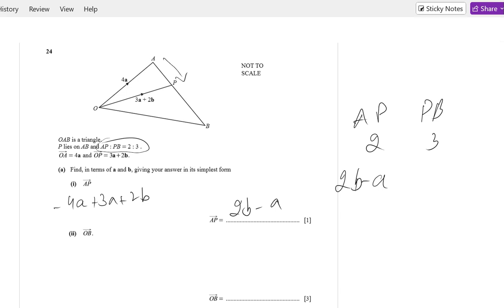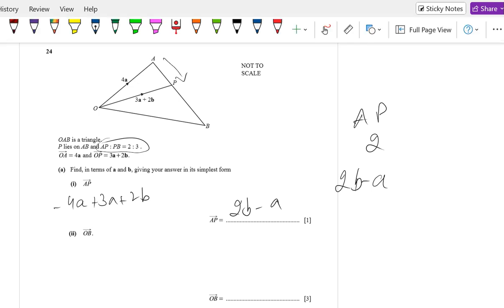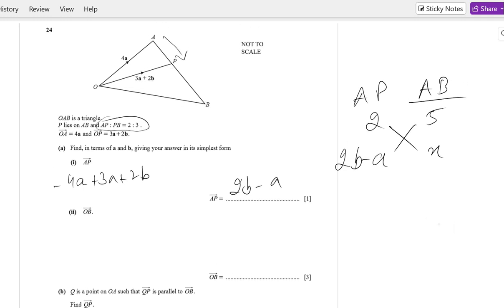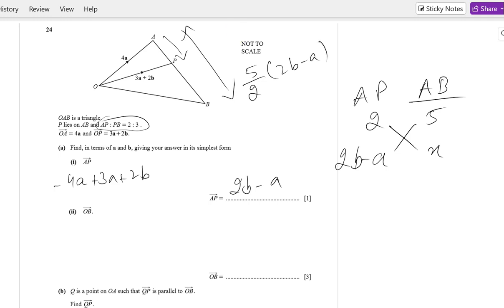So I am taking AB over here. So if that is 2 parts and 3 parts, your AB would be 5 parts. So it would be 5 by 2 of 2B minus A. Your entire AB would be 5 by 2 of 2B minus A. For now, I can leave it over here like this.